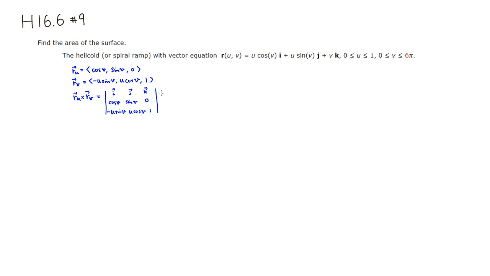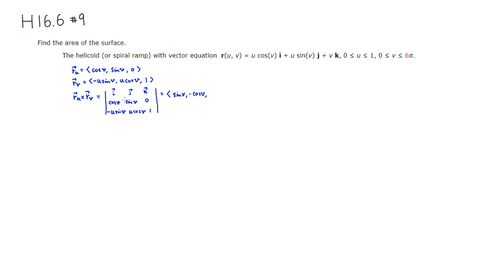The first component is sine of v times 1 minus 0, so it's sine of v. The second component is 0 minus cosine of v, so it's negative cosine of v. The last component is u cosine squared plus u sine squared.